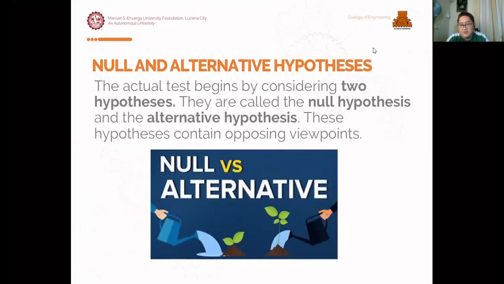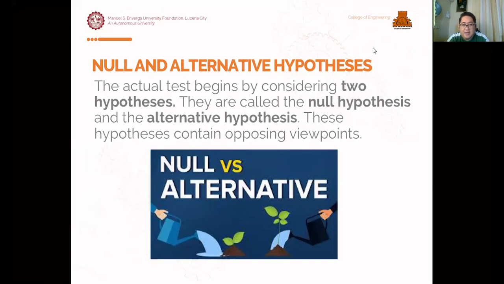Ngayon, ano yung pwede nating maisip doon? Ano yung hypothesis natin? Anong educated guess natin doon? So, ano yung null and alternative natin? So, tandaan nyo muna, yun yung claim natin. Ang claim natin, 80% of the population of the first year engineering students are composed of male.